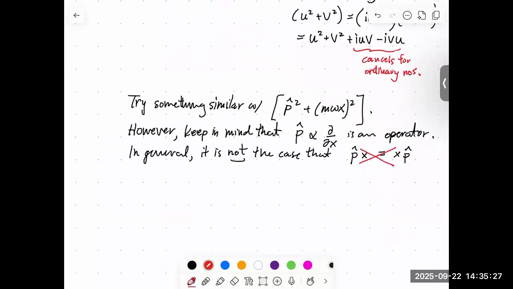Now, the way we're going to do it is admittedly a little bit abstract, but let's just see what happens. To do this, we're going to define a new operator. We're going to call it a hat. In fact, there's going to be two of them, a plus and a minus one. The way they're defined is there's going to be some prefactor that's just written there for convenience. We'll see why it's convenient in just a little bit.